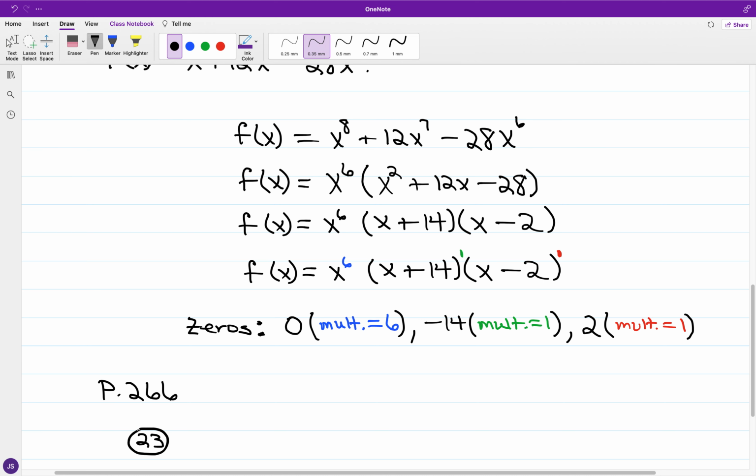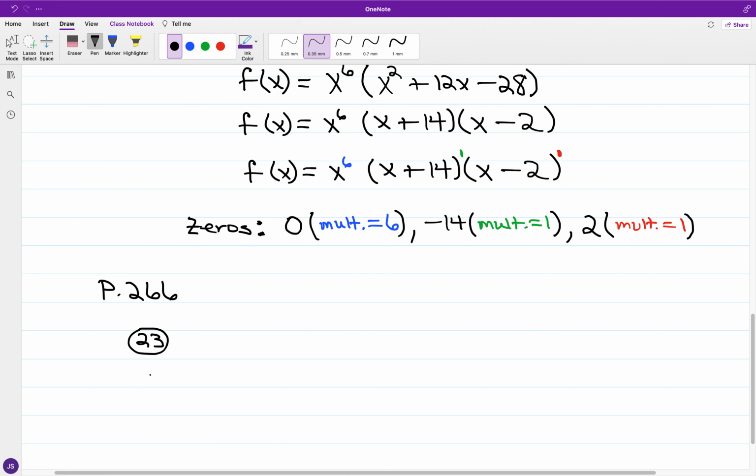And for the first items, we have the layout in terms of expanded form. So we got f of x is equal to x cubed plus 2x squared minus 25x minus 50.